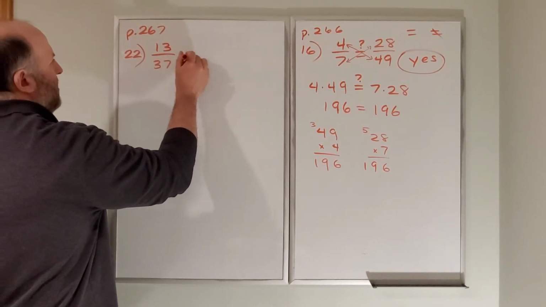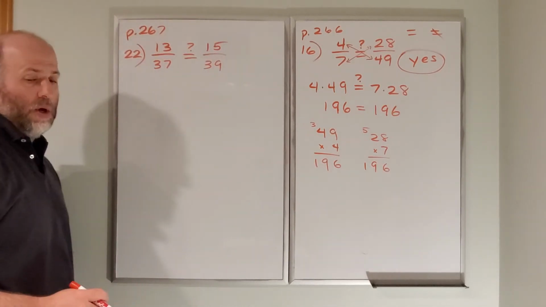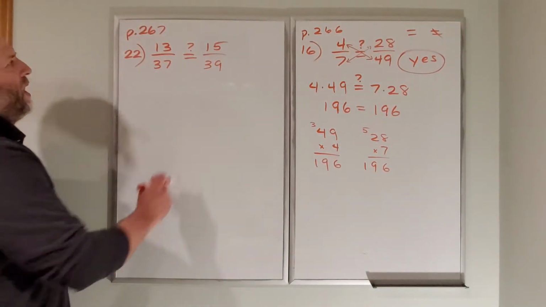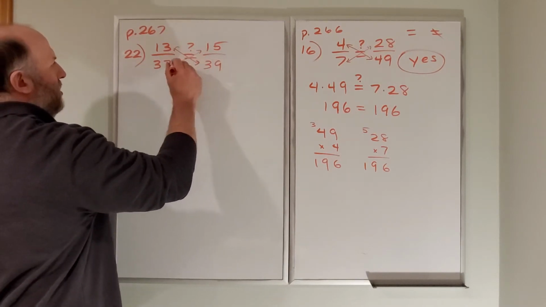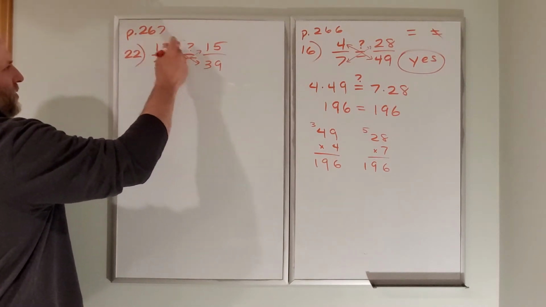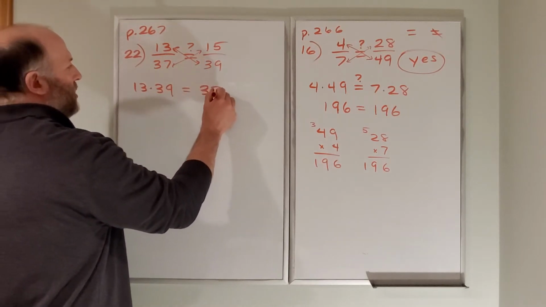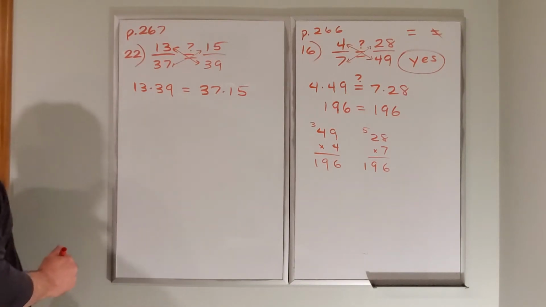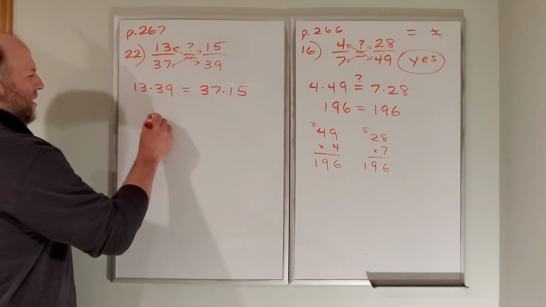Based on the structure of these fractions, I strongly suspect the answer is no. But again, how do you verify? How do you know for sure? You cross multiply. We are going to be doing this until we are blue in the face in this section. Okay, so take 13, multiply it to 39, and see if that is equal to 37 times 15. Well, 13 times 39, I want to say is, what, 507 maybe?